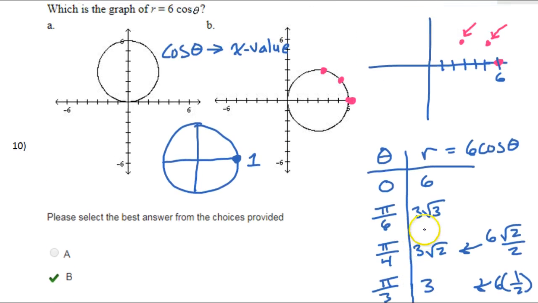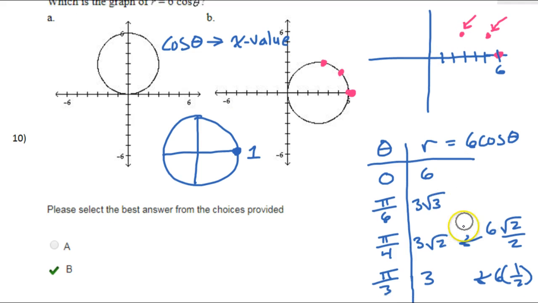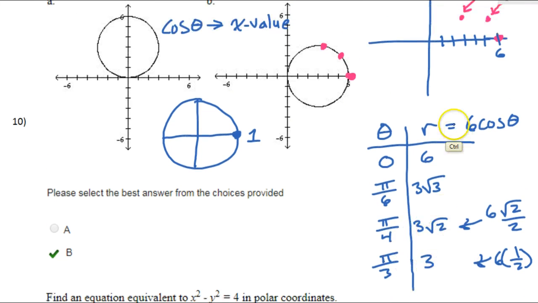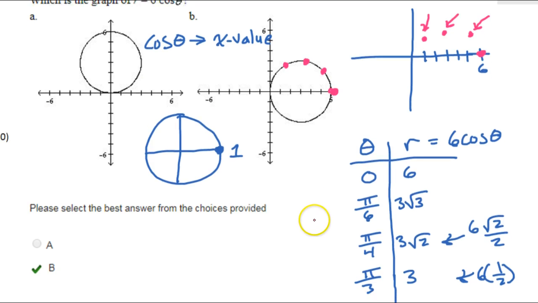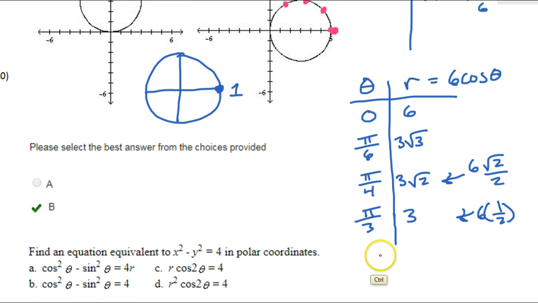Again, as I rotate to 60 degrees, which is going to be in this area somewhere, my value is getting even shorter, maybe like this. If I did that really precisely, let's say 60 degrees was right in here somewhere, this dot would be like right there. Okay, let's just do one more.